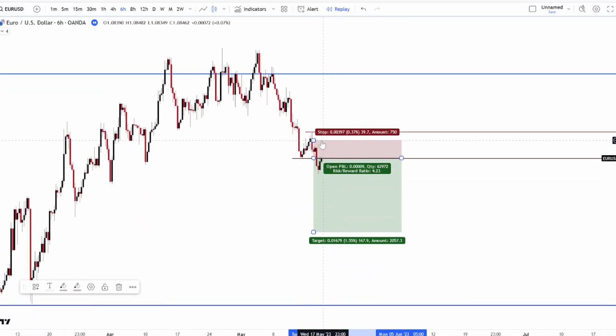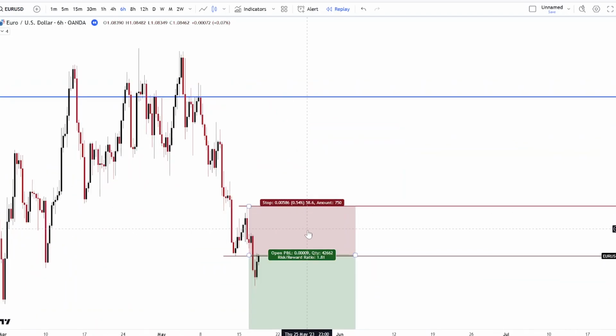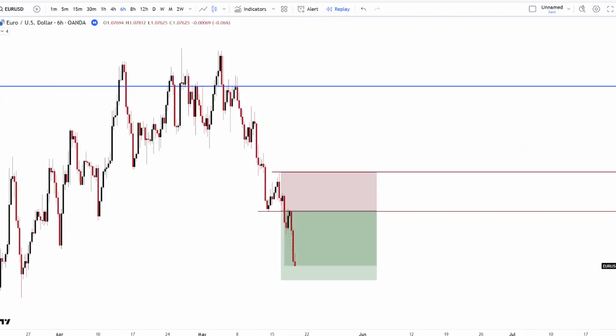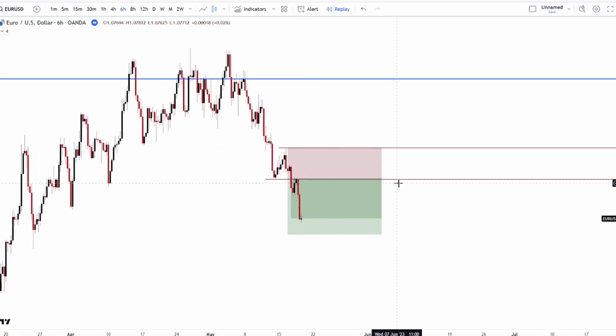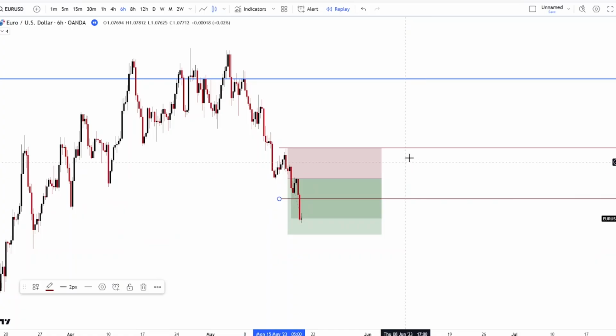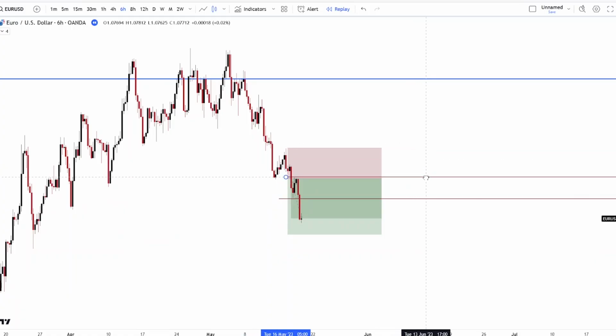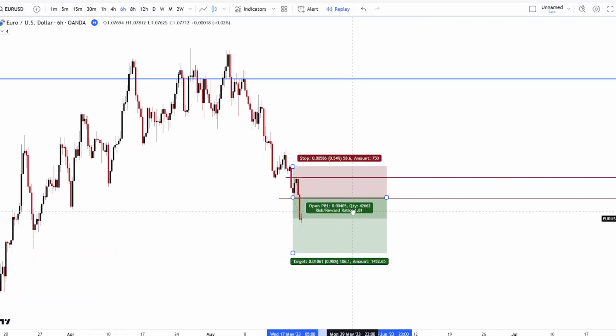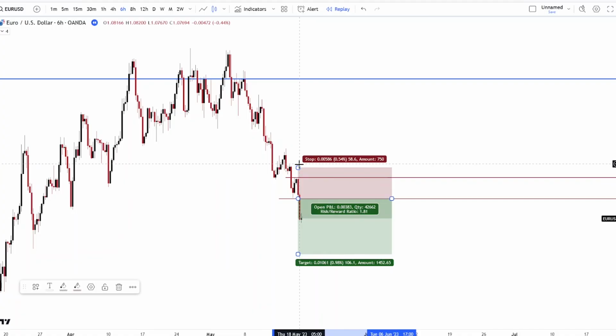You can have another trade right here. You have another range, swing low, and a swing high. Your trade would be right here, even though I'm not a fan of such a small range.